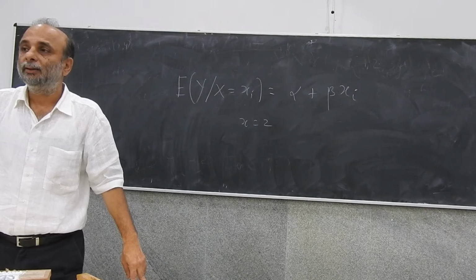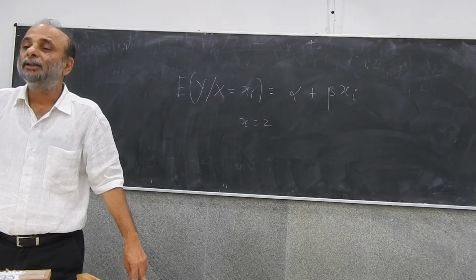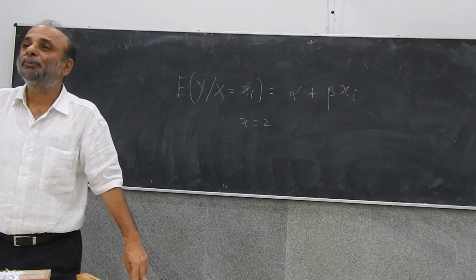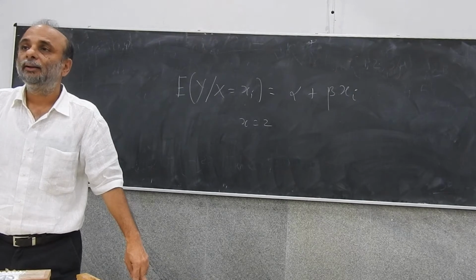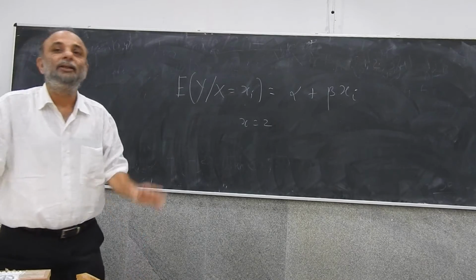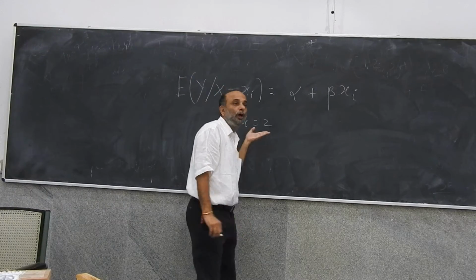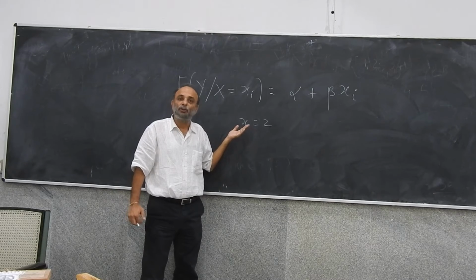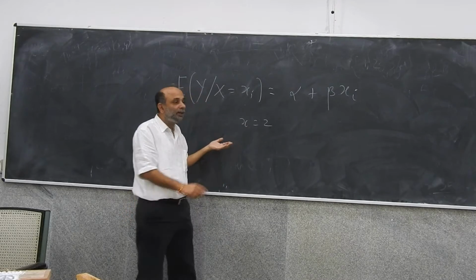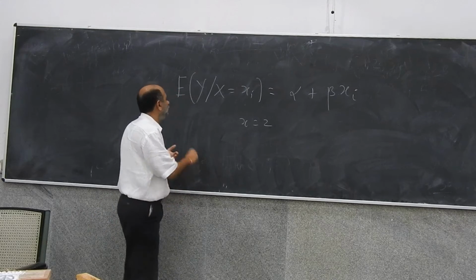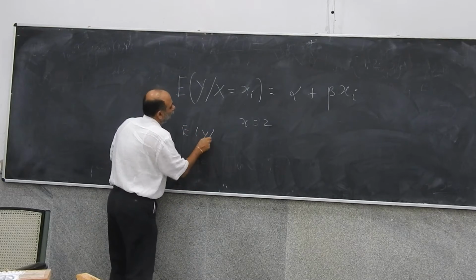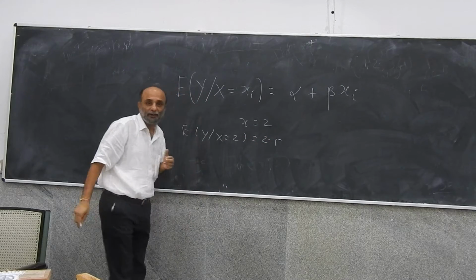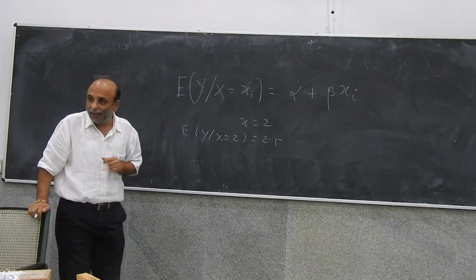What is the experiment that we were having? The number of heads on the first 2 tosses is x. Y is the number of heads on all 3 tosses. So if x equals 2, we said that the conditional mean of y given x equal to 2 was 2.5. Why did we say that?